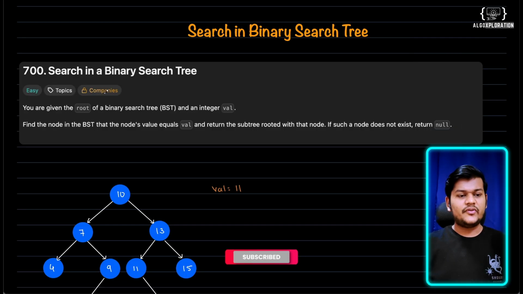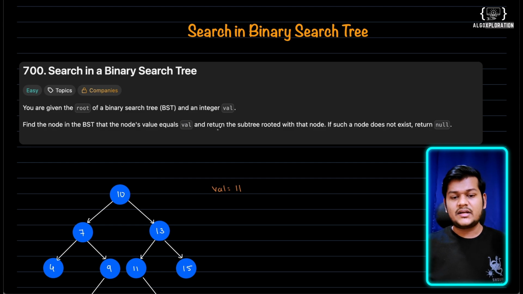Okay. So first of all, let's see the problem statement over here. They will be giving us the root of the binary search tree along with the integer value. And we need to find a node in the BST such that the node's value will be equal to val. So basically we need to return the node only. Over here it is written that return the subtree rooted with that node. Don't worry about that.